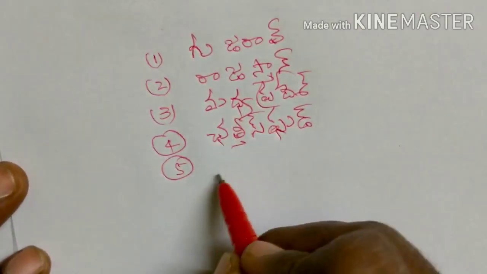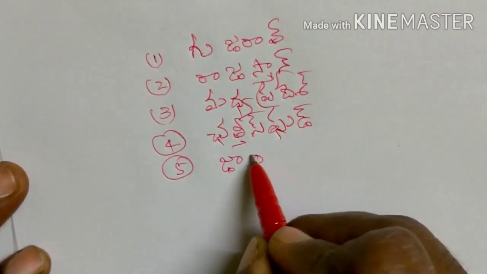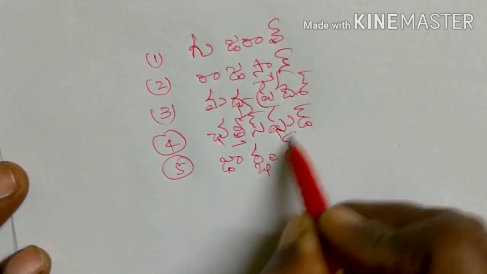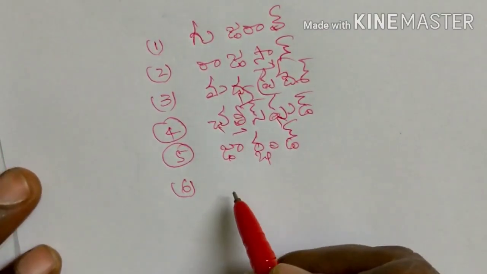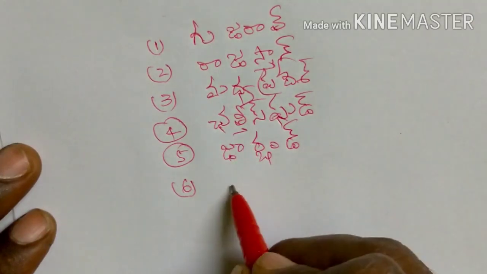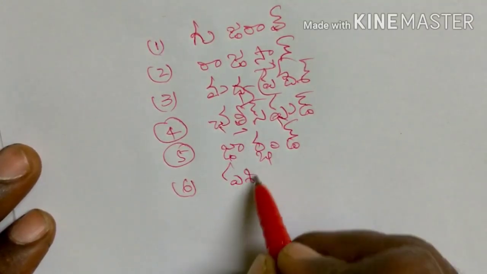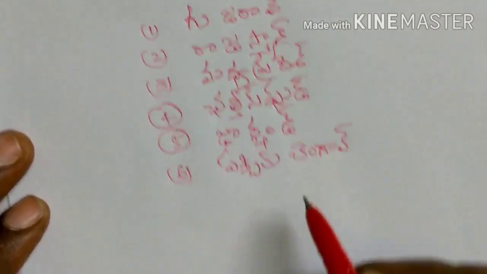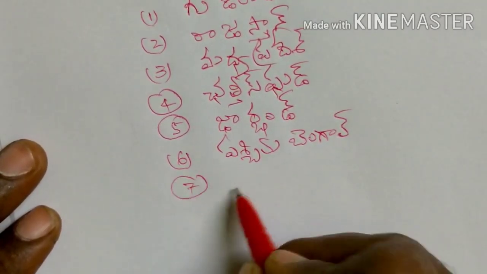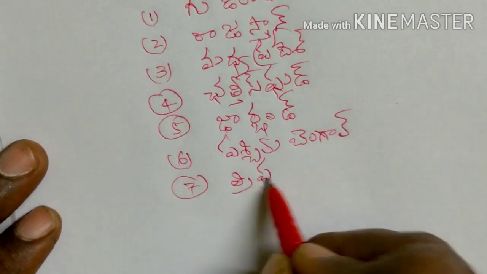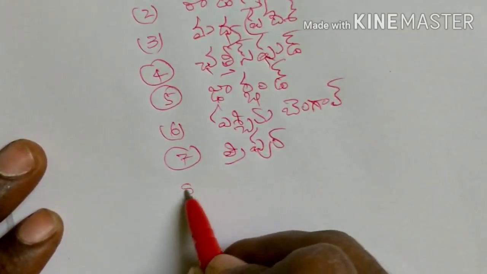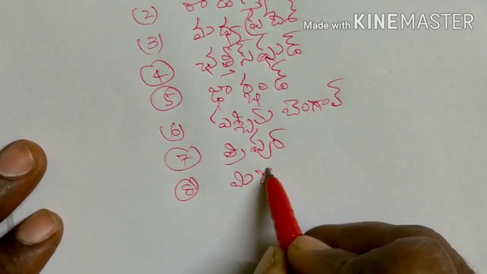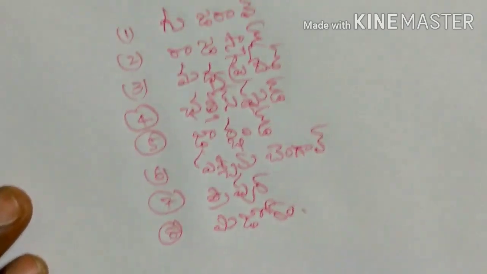Fifth one, Jharkhand. Sixth one, Paschima Bengal. Seventh one, Tripura. Eighth one, Mizoram. These are the 8 states.